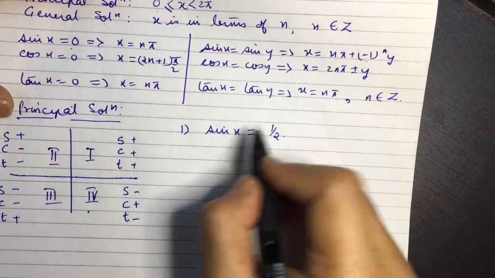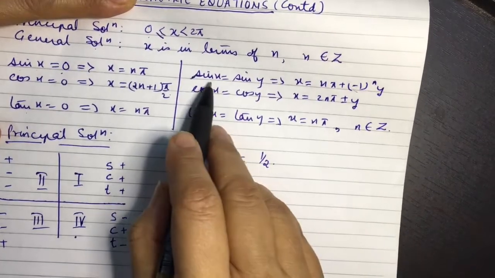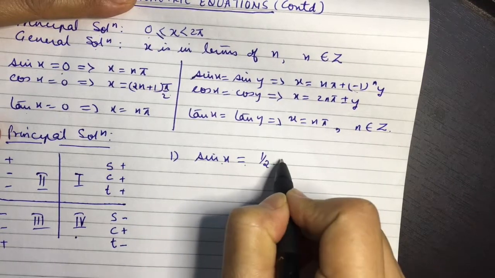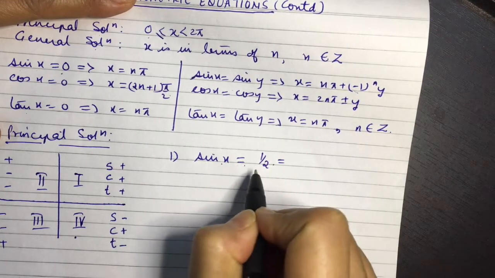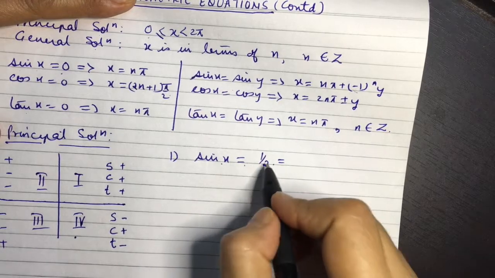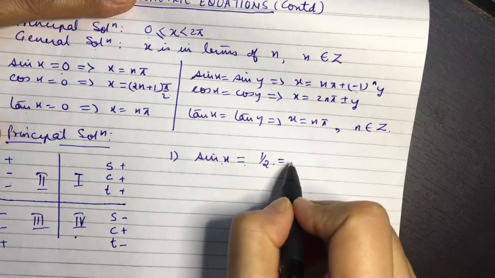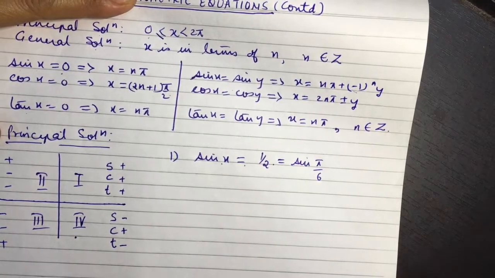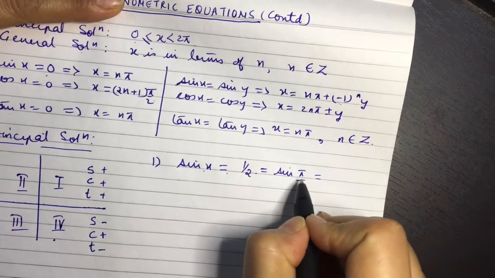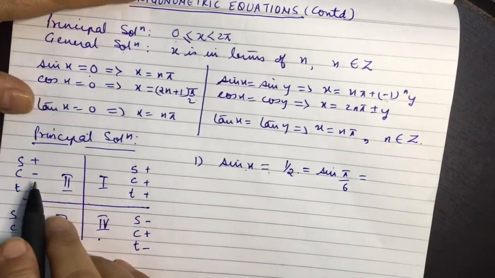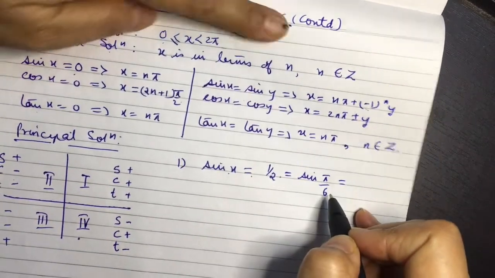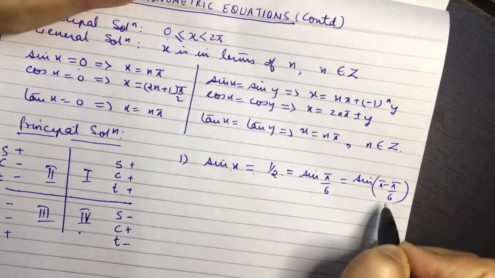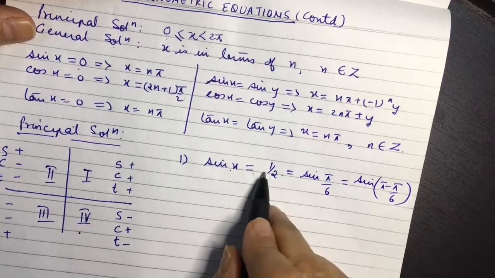We can solve it if we can compare 2 sine functions. So what we do is, we write for what value of x do we have sine as half. We know that sine of 30, that is sine of pi by 6, is half. But sine is also positive in the second quadrant. So if I write sine of (pi minus pi by 6), this also gives me sine pi by 6, which is half.